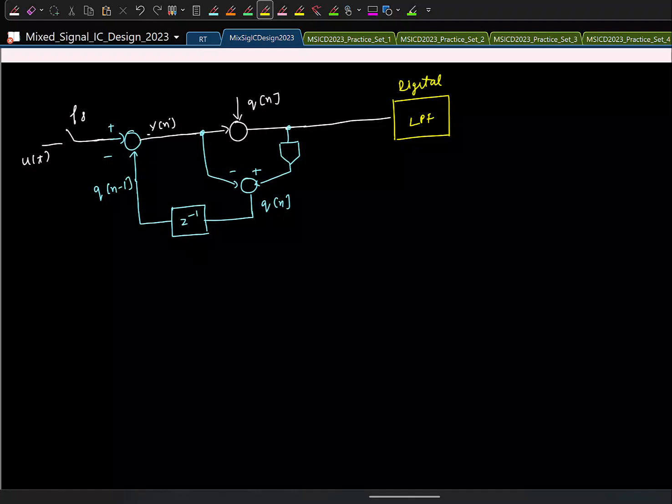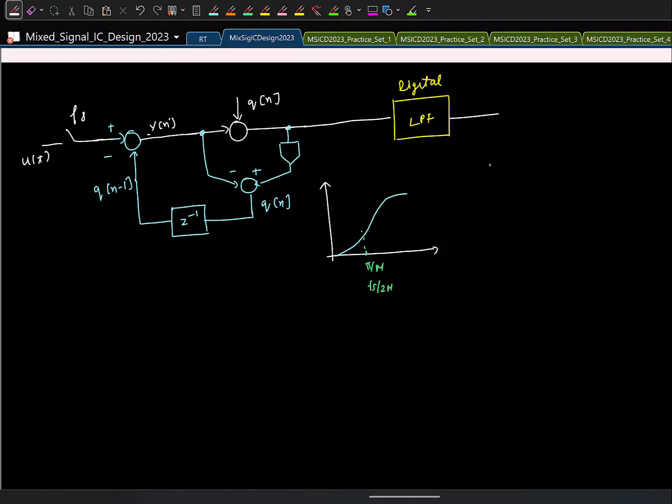Let's come to that when we look at it. So at the output of this ADC directly, if I look at the spectrum of the quantization noise, it's looking like this. Let us say this is my signal bandwidth of pi by m or fs by 2m.